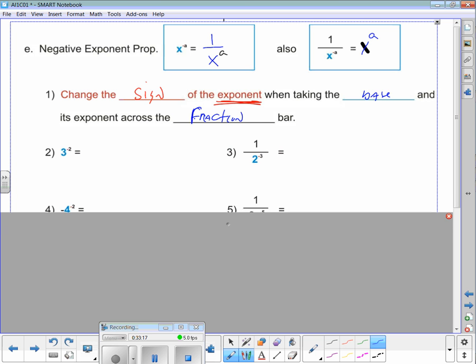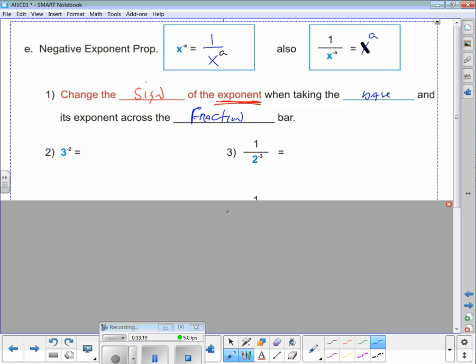Okay, so let me help you guys out. These are too easy to miss, yet students miss them all the time. So there's not a fraction bar shown, but if you put one there, all I've got to do is take the 3 to the negative 2 and stick it downstairs.